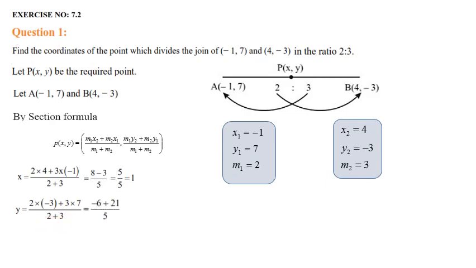Go for the calculation: 2 into -3 is -6, 3 into 7 is 21, and 2 plus 3 is 5. So 21 minus 6 is 15, divided by 5. 15 by 5 is 3. Therefore, the coordinates of P are, x value is 1, y value is 3. Just write it as an ordered pair. That is the answer.